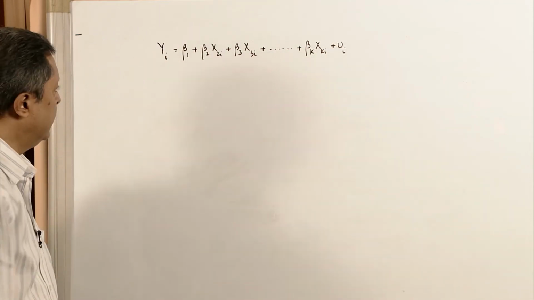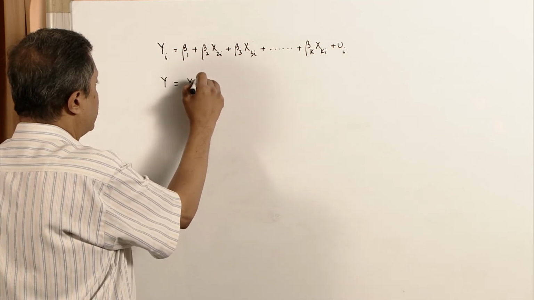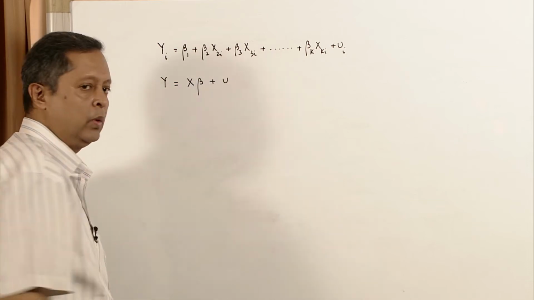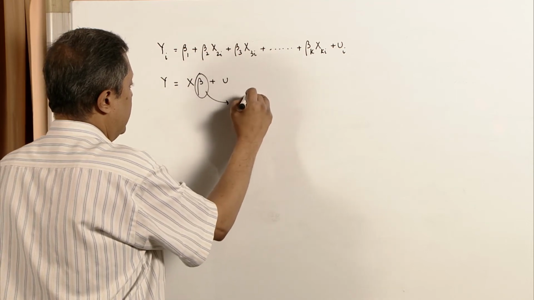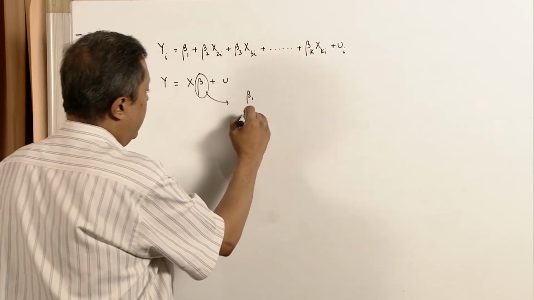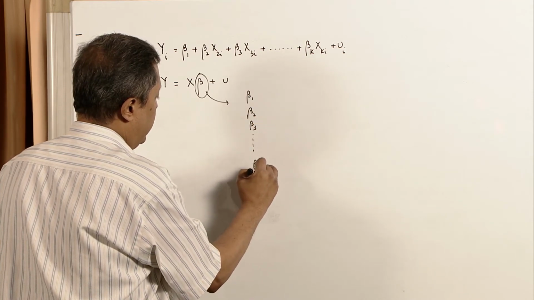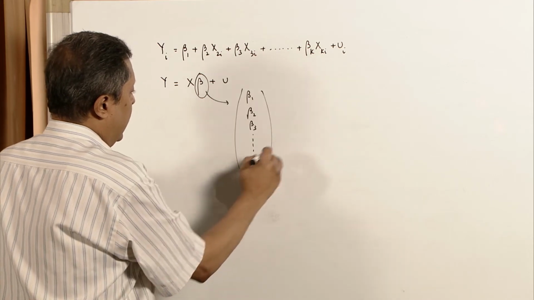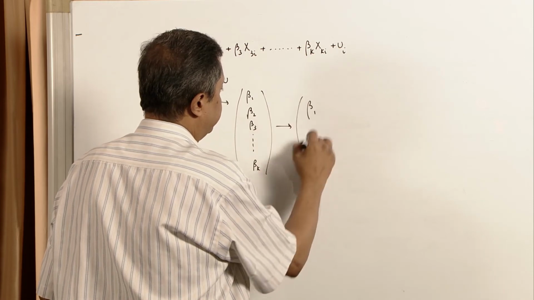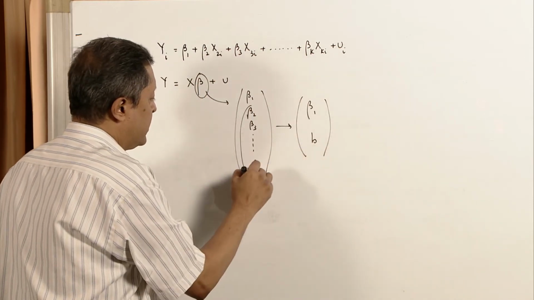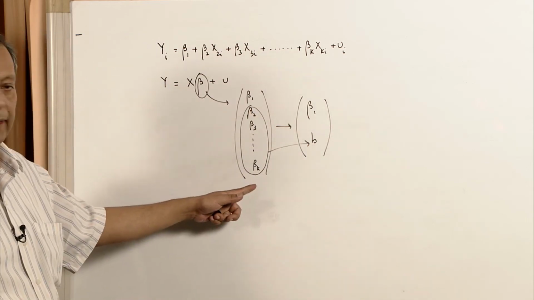And you will recall that this model is written in matrix form as y is equal to X beta plus u, and this vector beta is beta 1 the intercept, and then beta 2, beta 3 right up to beta k, and this was also written as beta 1 and b. So, this b represents all the elements from beta 2 to beta k.